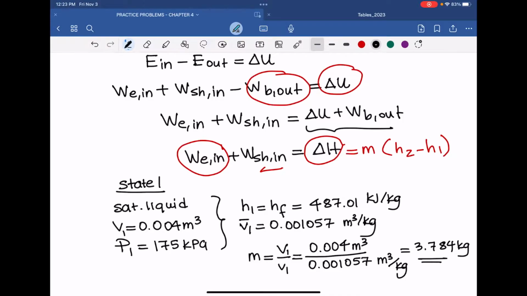So 3.784 kilogram is our mass. Now, what else we need to calculate, or what else we need to look at the tables for?